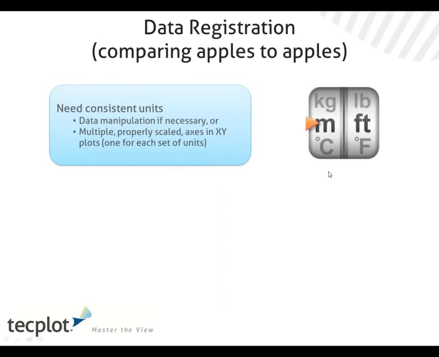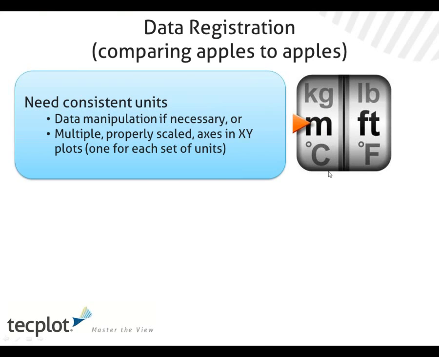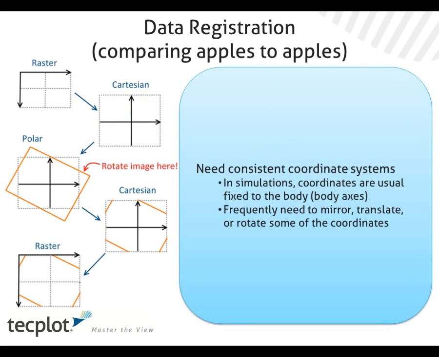Yeah, so it's really how does one see what's going on? So to just review, there's a couple of things we talked about as challenges, and data registration was one of the core things, comparing apples to apples. One obvious thing is that you really need to get consistent data. If you have different units, you obviously can't compare it. So you need to do some sort of manipulation to get your units consistent and scale your axes properly. And you have to register it.